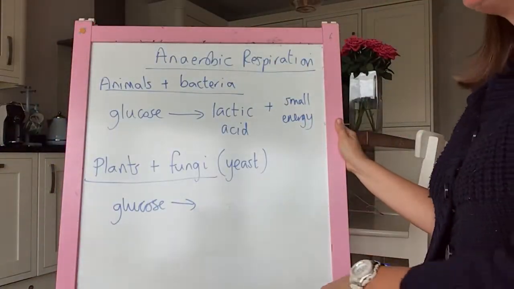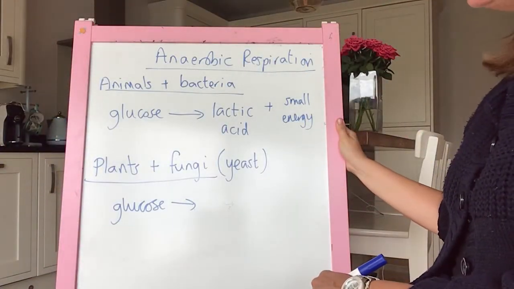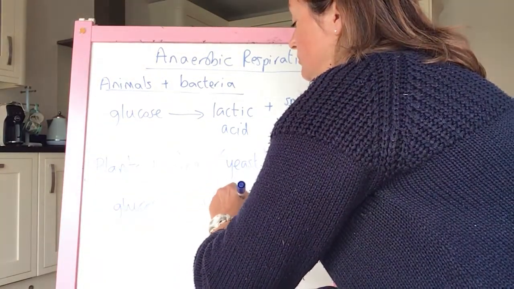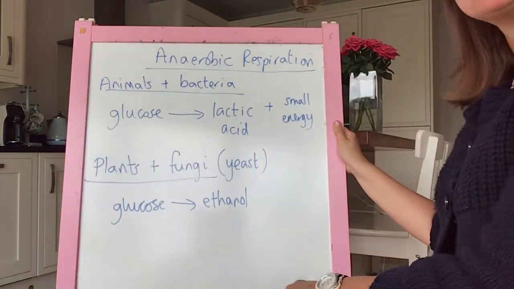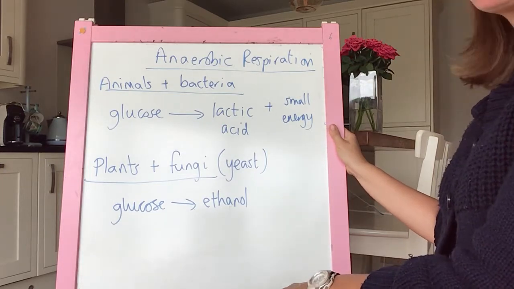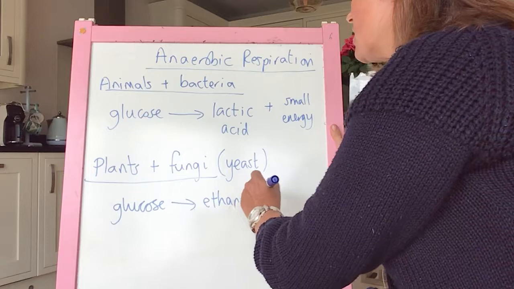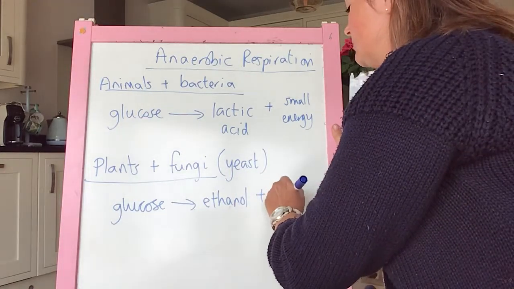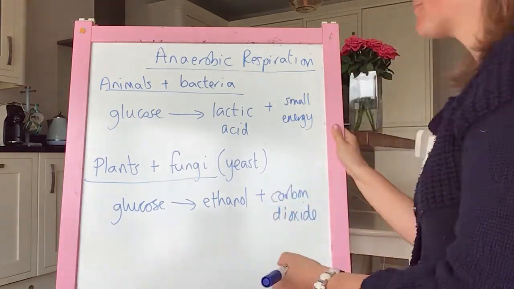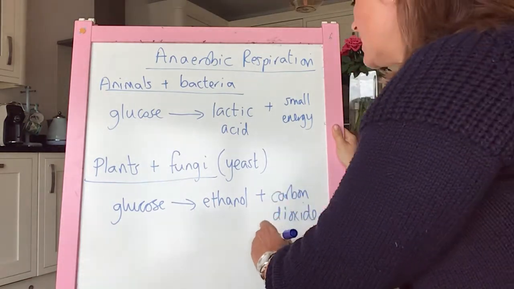But this time, instead of making lactic acid, we make ethanol, which is used in the brewing industry, in fermentation, all right, produces alcohol, and also carbon dioxide. And also a small amount of energy again.